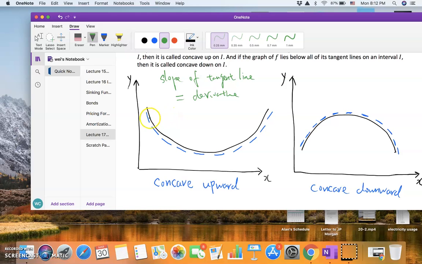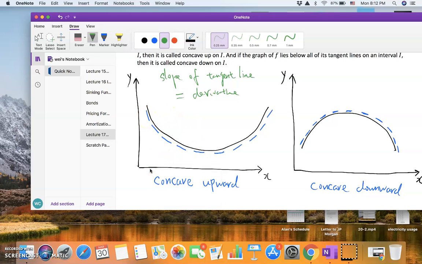If we look at this point, the tangent line looks like this. So we can see the slope of this tangent line is going to be a negative number. Let's say, for example, the derivative is -5.